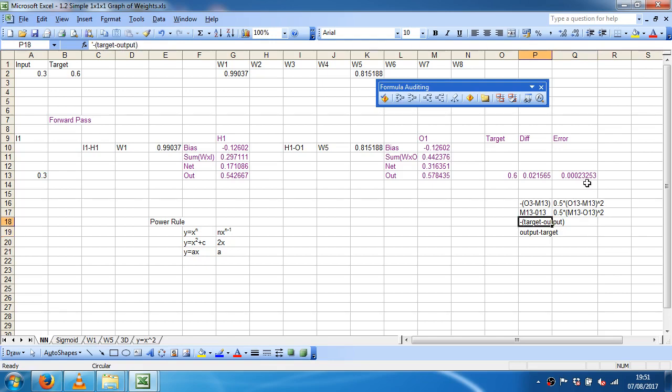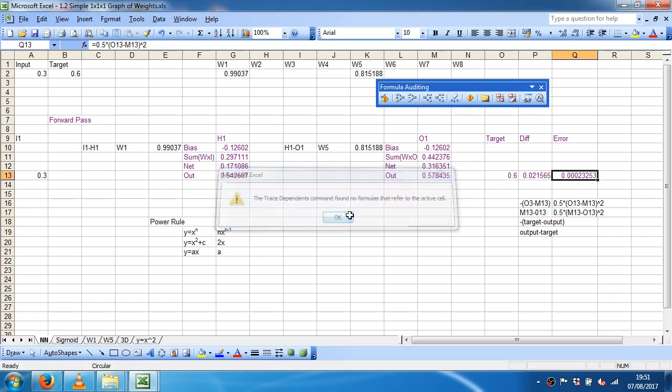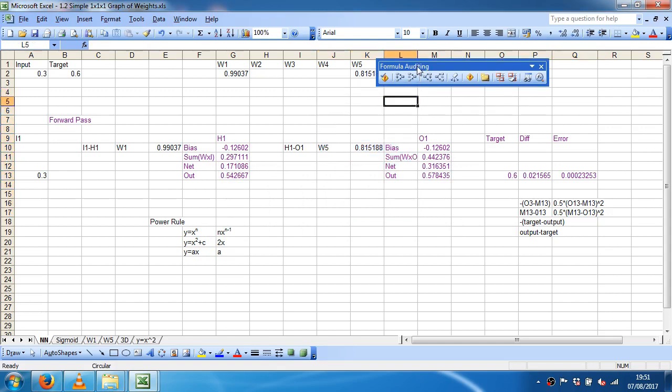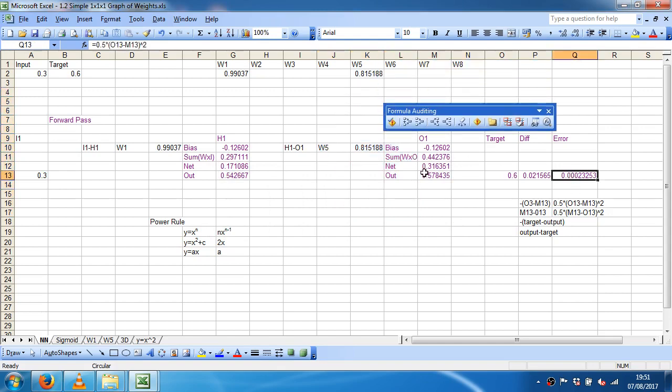Right, so basically that means that we've worked out the gradient from there. Oops, sorry. The gradient from there to there is just minus, so let's think of some notation. So this is going from out to error, is the minus the target minus the output.